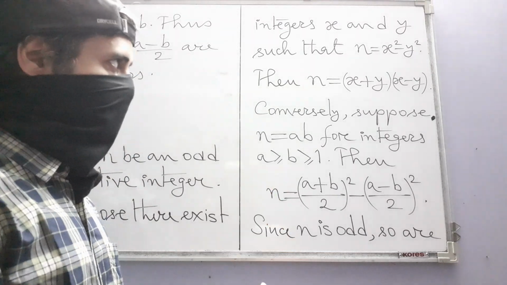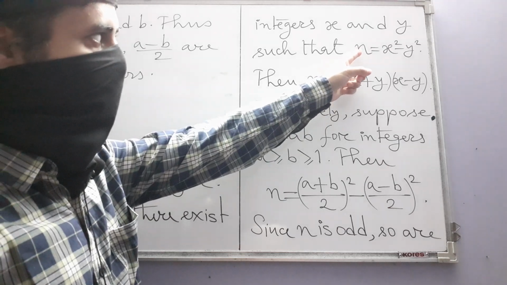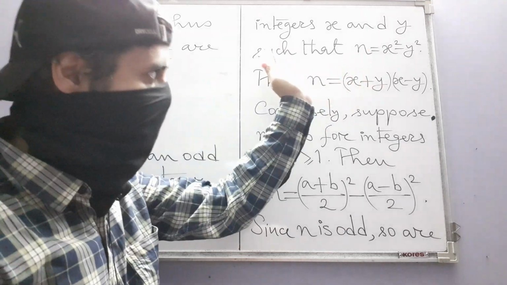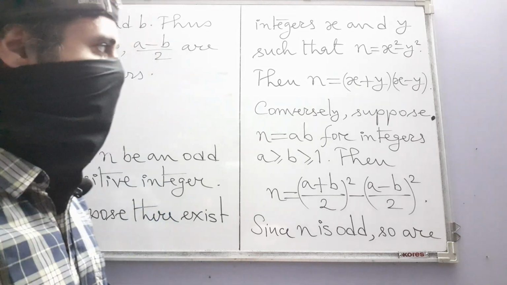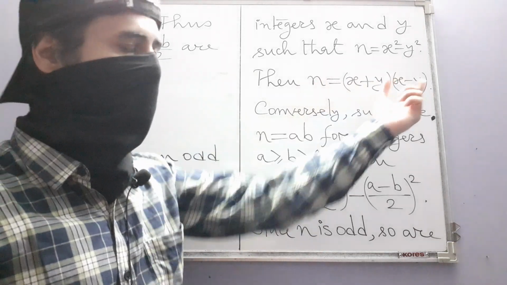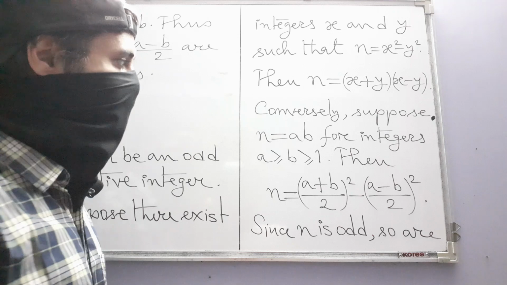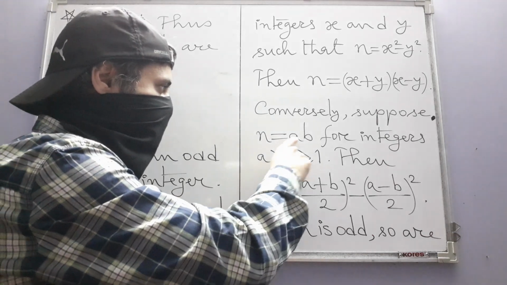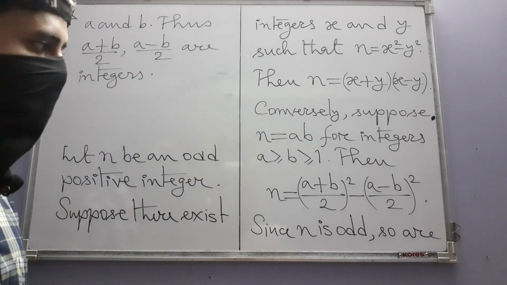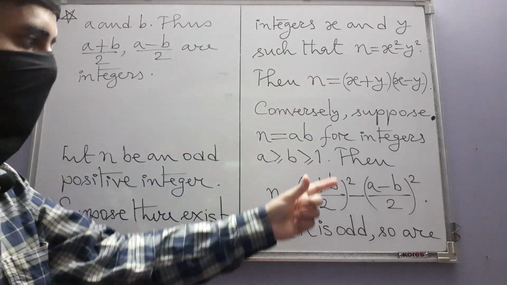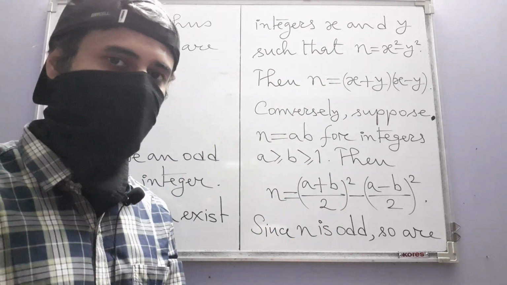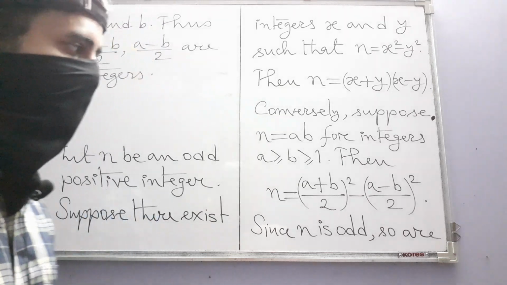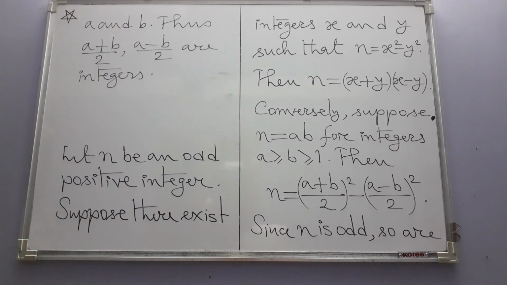So we see that if for n this Diophantine equation has a solution where x and y are integers, then n can be written as a product of two integers. Conversely, if n can be written as the product of two integers, then that Diophantine equation has the solution x equal to a plus b over 2 and y equal to a minus b over 2. Okay.